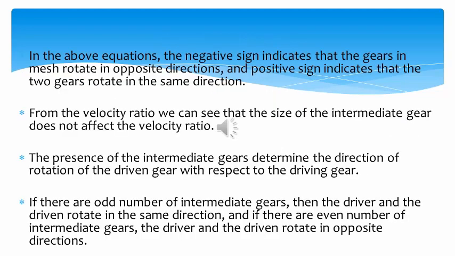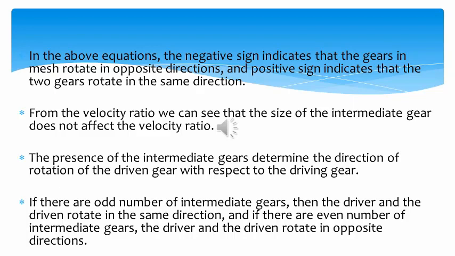In the previous slide, in the derivation, the negative sign indicates that the gears in mesh rotate in opposite directions, and positive sign indicates that the gears rotate in the same direction. From the velocity ratio, we can see that the size of the intermediate gear has no effect on the velocity ratio at all.